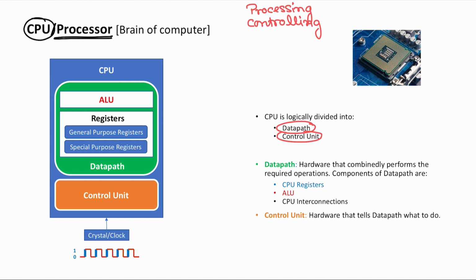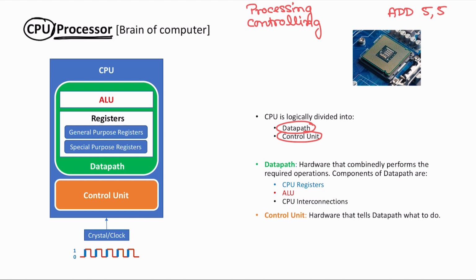For example, you remember person X? Person X gave this add 5 to the CPU, right? Now the ALU, also called the arithmetic and logic unit, is the component that actually does this addition operation. So processing involves performing some operation, and that operation will be done by some component like the ALU.